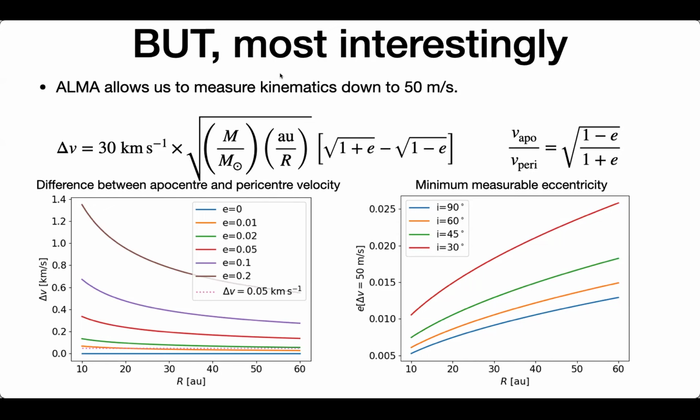It depends obviously on the inclination of your system, but it goes down to below 1%. So the type of measurements that you can actually do is insane with ALMA, but still we are not ever modeling this properly.